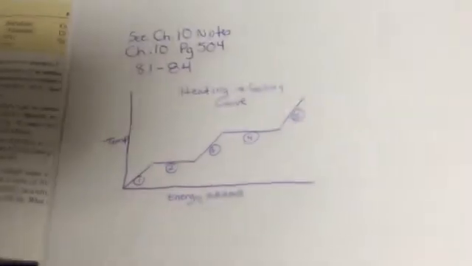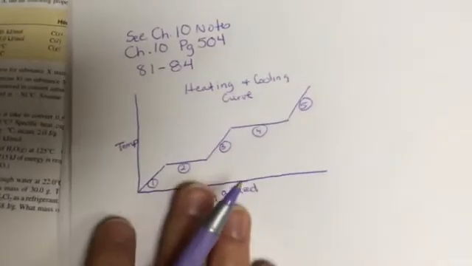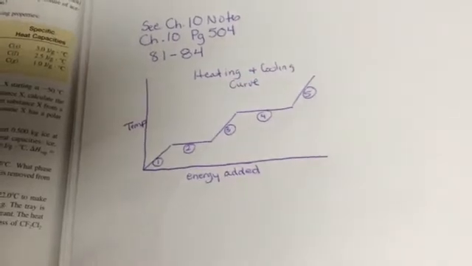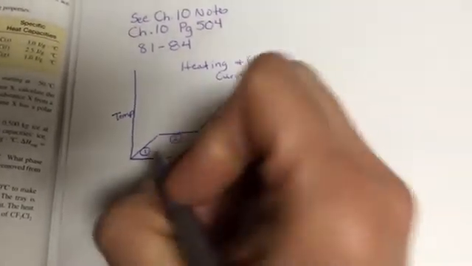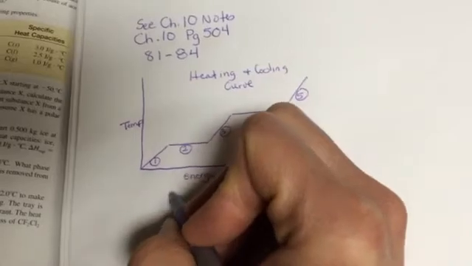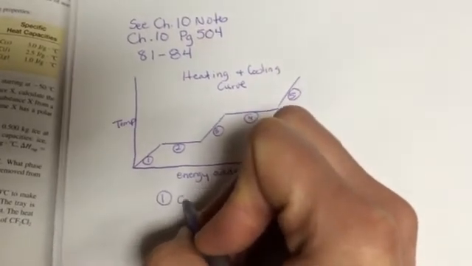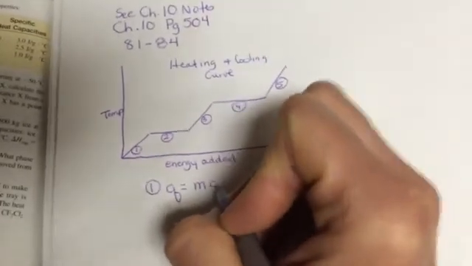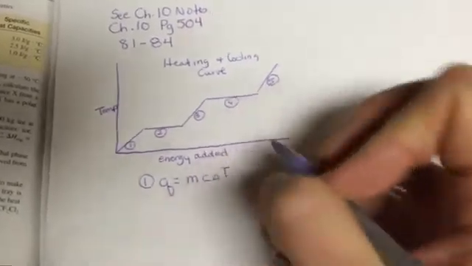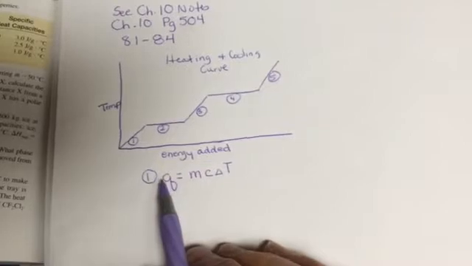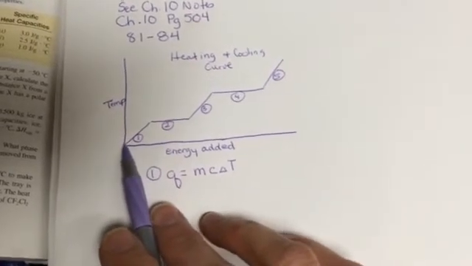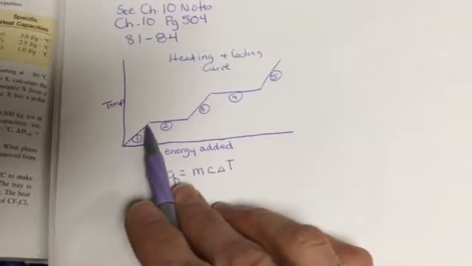Okay, so we know how to calculate Q, or heat, when there's a temperature change, or at least I hope we do. In phase number 1 on the diagram, you can calculate heat by using the equation Q = mcΔT. The reason we can use this equation is because there is a temperature change from the beginning to the end.